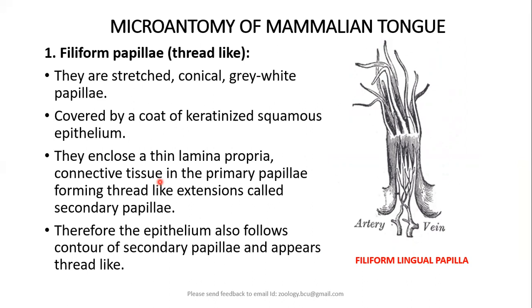Proceeding further into the details of structure of all these papillae, the first and foremost type of papillae are called the filiform papillae or the thread-like papillae.